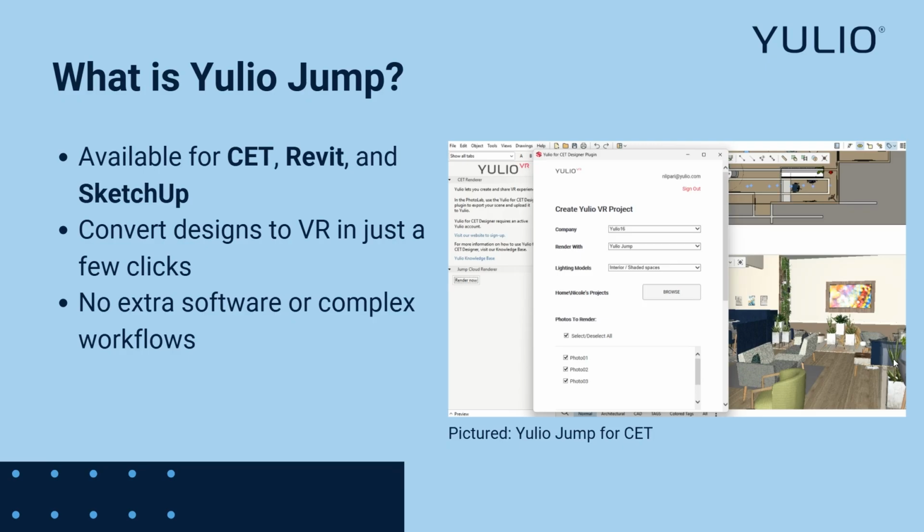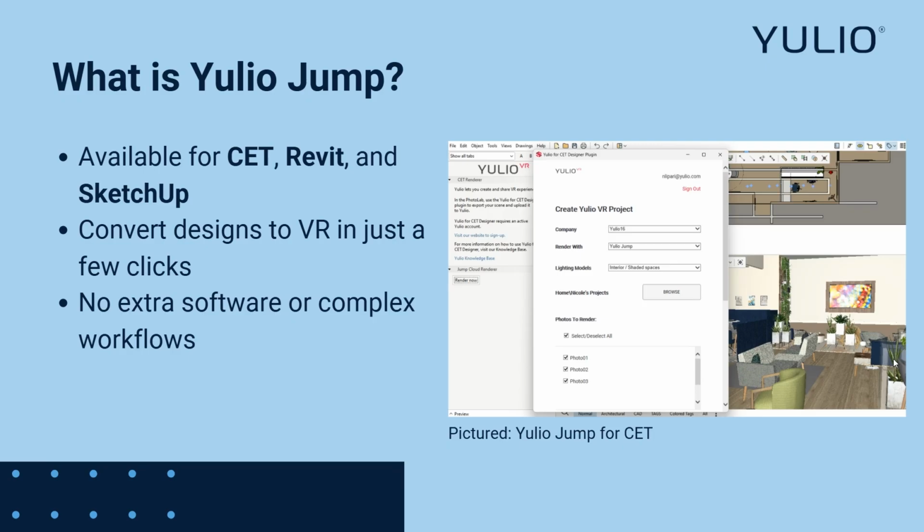So, Yulio Jump is a simple way for you to generate the content you need for virtual reality and augmented reality with only a few clicks, and then sends those files directly to your Yulio account where you can create your immersive VR experience. I'm not going to be covering how to render with the Yulio plugin today, but I wanted to mention it as I will be referencing it throughout the session.